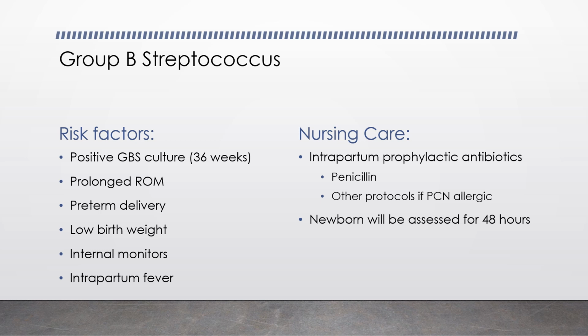So usually when we identify a woman that's positive for Group B strep, the provider will order penicillin or other antibiotics if they're penicillin allergic to be administered during labor. And then the newborn should be assessed for any kind of newborn infection for 48 hours just to make sure everything's okay.